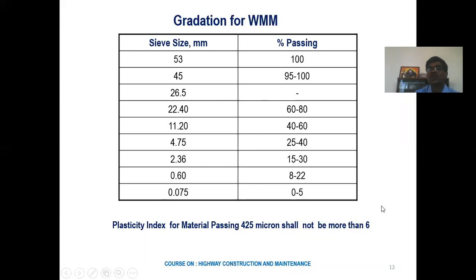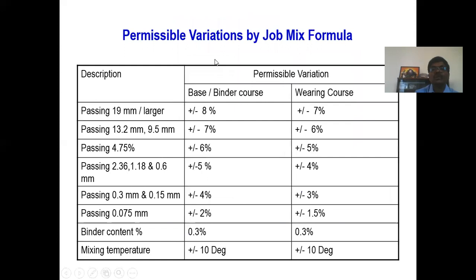But this question does not arise mostly because we don't use any soil in the wet mix macadam. So this is the permissible variation by the job mix formula. So gradation is very, very important, especially for the granular layers, and of course for bituminous layers also.